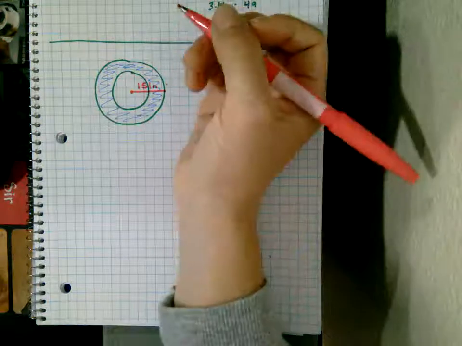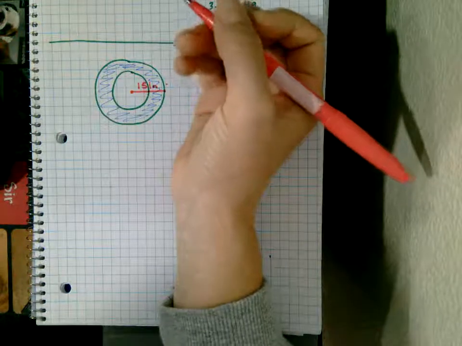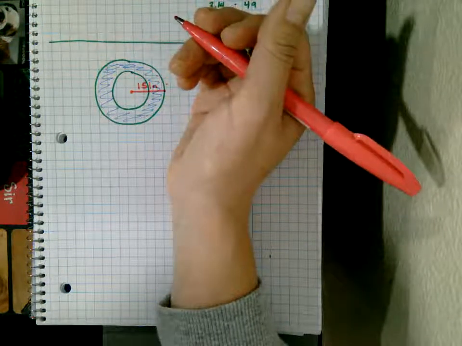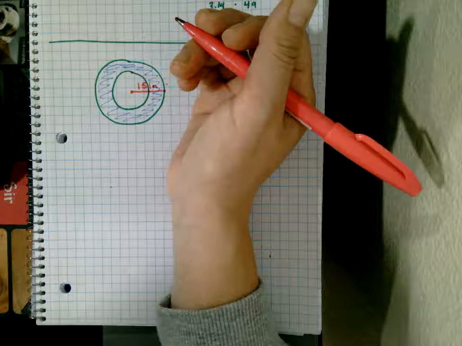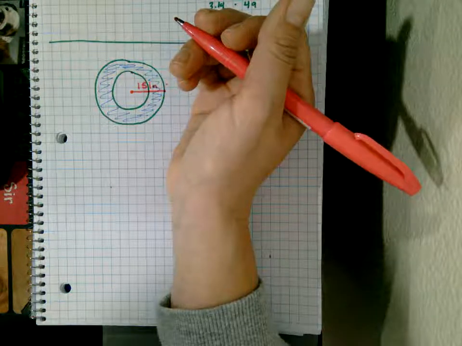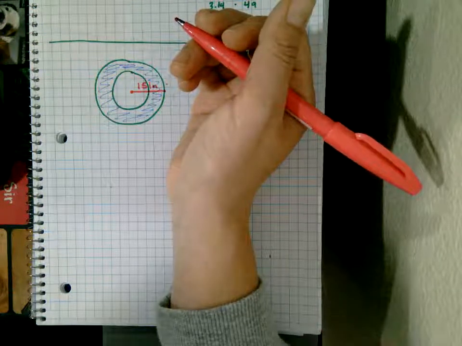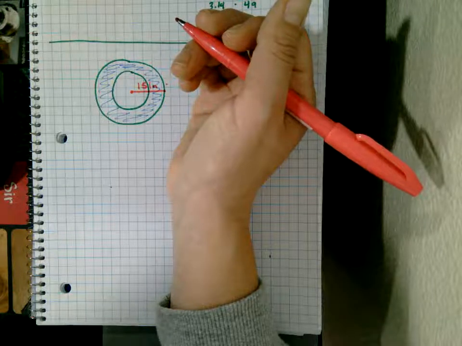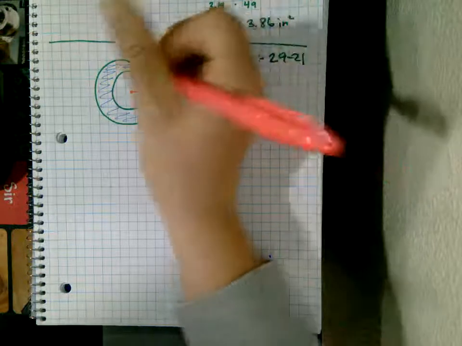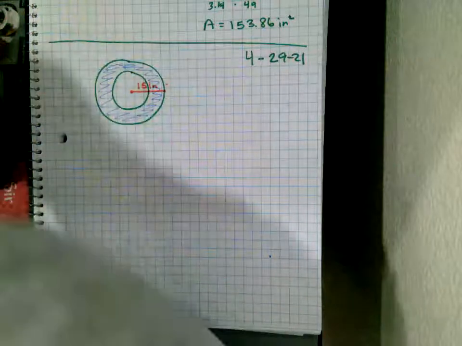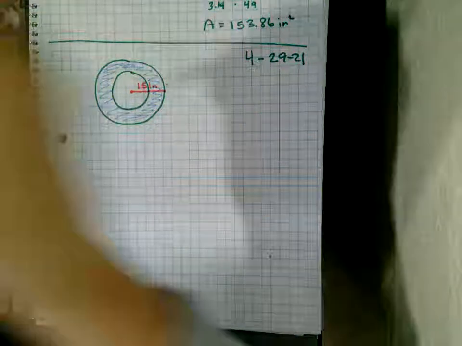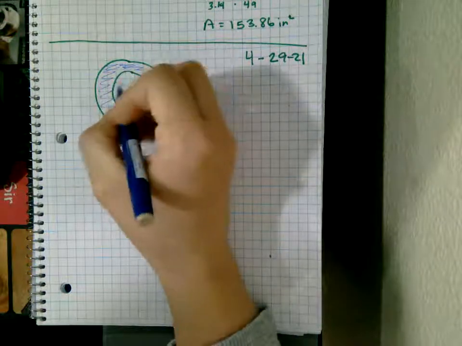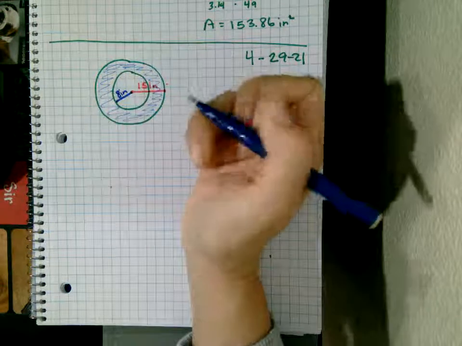And the radius of the small circle is going to be 8.